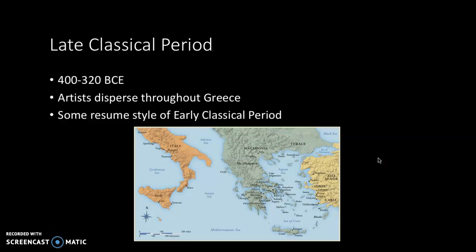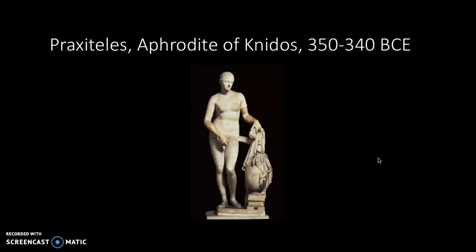All right, let's move into the late classical period here, and I think I'm going to end with late classical and then save the rest for a third video. We're going to look here at one of the most famous sculptures of ancient Greece, and that is the Aphrodite of Knidos.